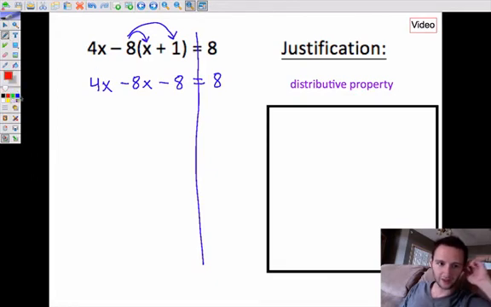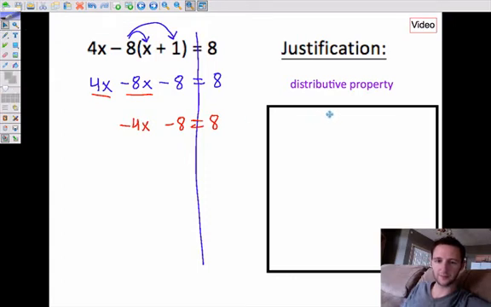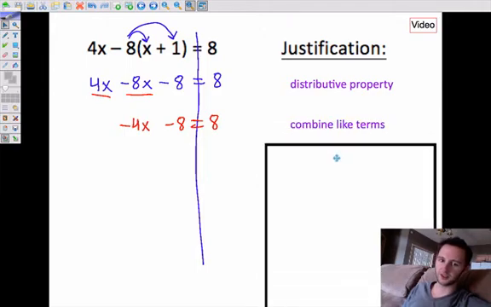Okay, so the next step is to combine like terms on both sides. And in this example, I have 4x's here and negative 8x's right there. So I'm going to combine those two together to make negative 4x, and then just copy down the rest. And the reason that I can do that is just combining like terms. Combining like terms is something we talked about in the LT1 video.